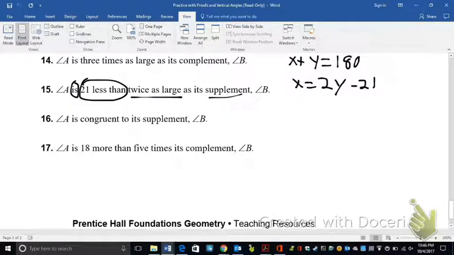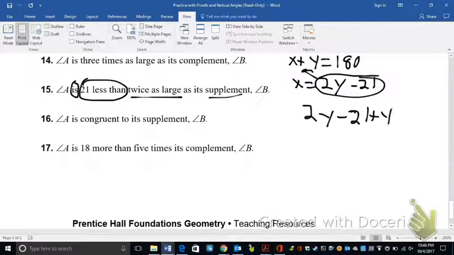So, 21 less than something else means that the negative 21 goes on the back end. We're going to plug that in. We get 2y minus 21 plus y equals 180.